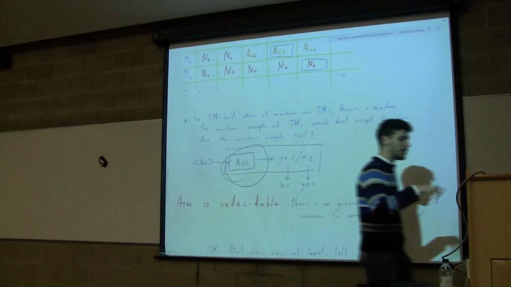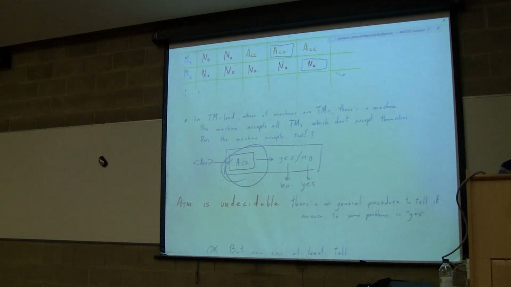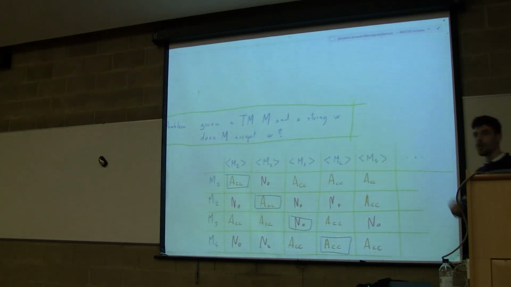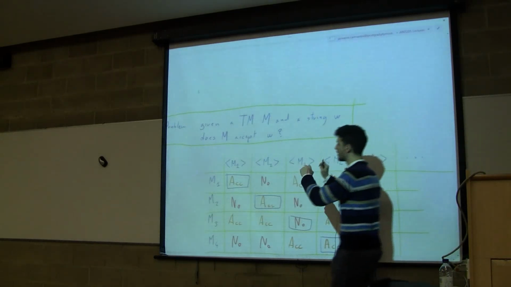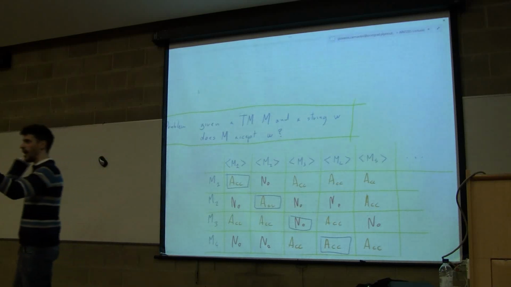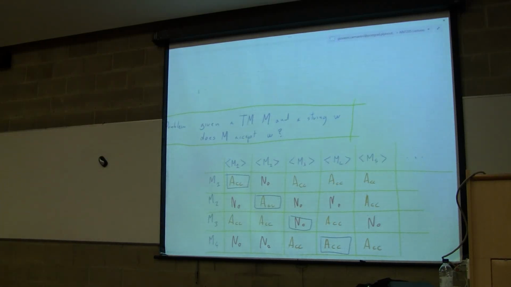So let me go through this again. My decision problem is, I give you a Turing machine, I give you a string, and you tell me, using an algorithm, so you program some code, you take the Turing machine and W as an input, and you tell me, yes, this Turing machine will accept W. It seems like an easy problem.